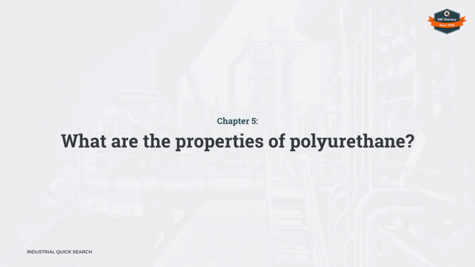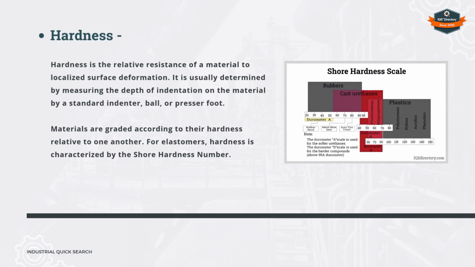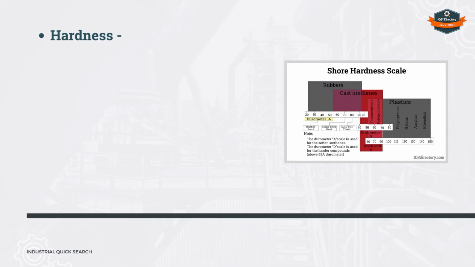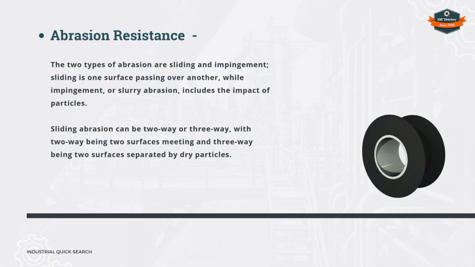Chapter 5. What are the properties of polyurethane? Hardness. Abrasion resistance.